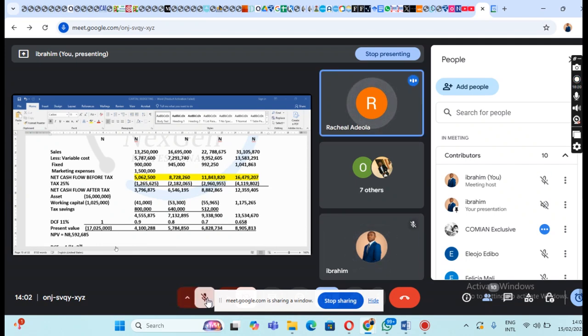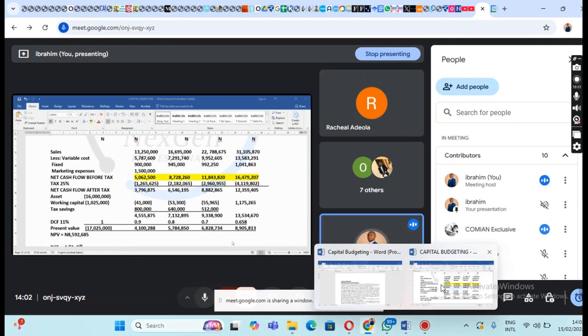Okay, I noticed the present value for year 2 is 5,706,316. Now let's go back and check.